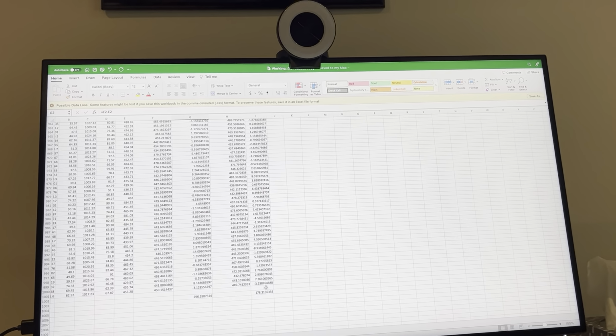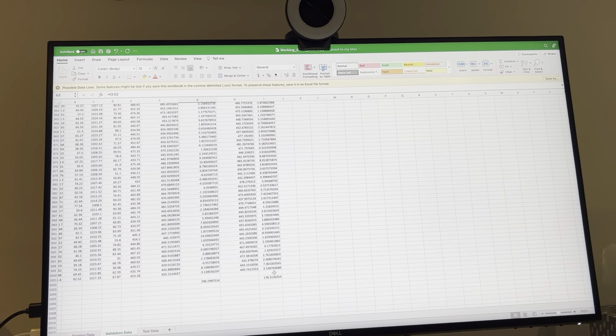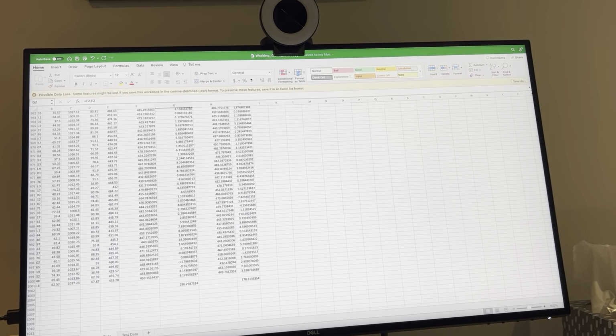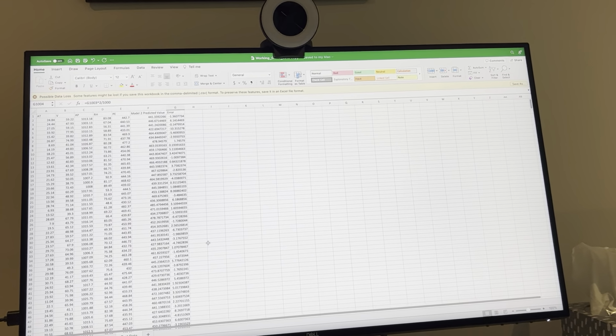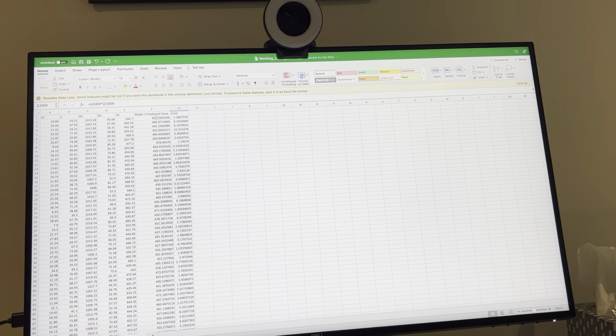So that seems to bear out that Model 2 with all four variables is a more accurate model.